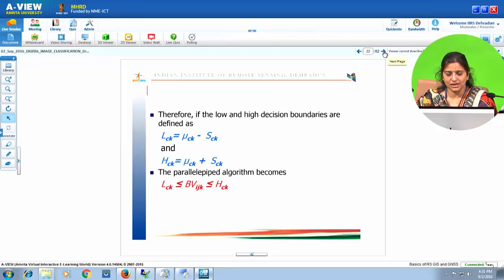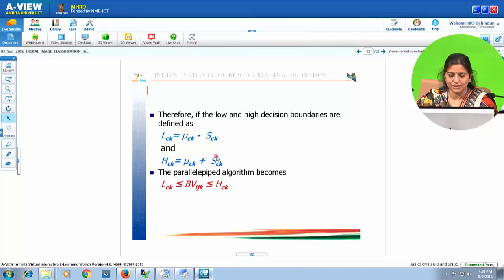Therefore, if the low and high decision boundaries are defined as LCK, that means the low boundary of class C in band K, is equal to mu CK, that means mean of class C in band K, minus standard deviation of class C in band K. This would be the low boundary, and the high boundary would be mean plus standard deviation. So this we will do for all the bands, so for all the bands we will have the boundary limits.